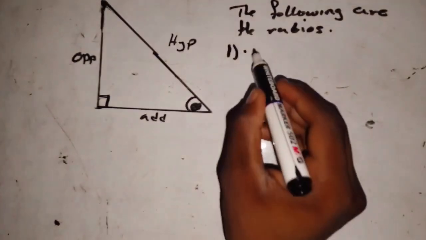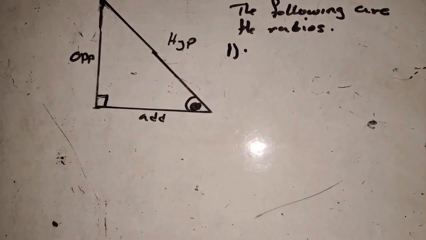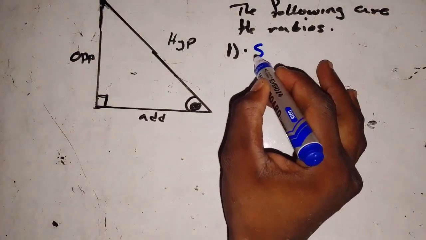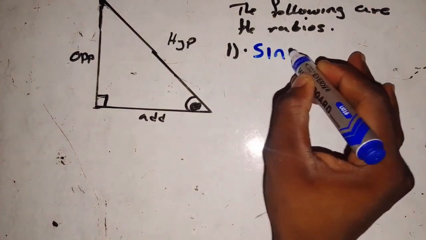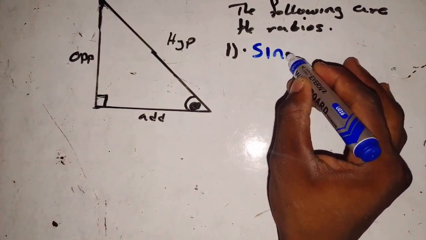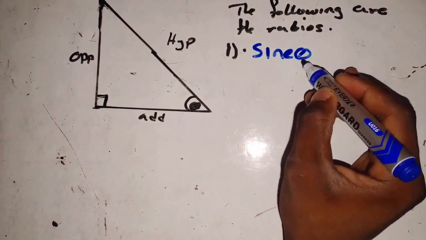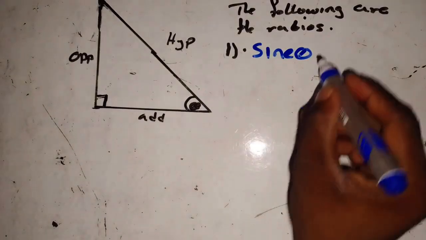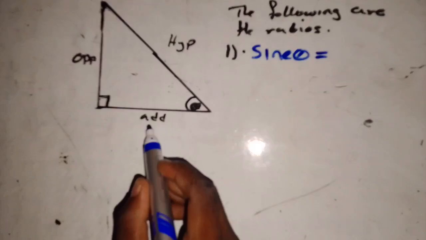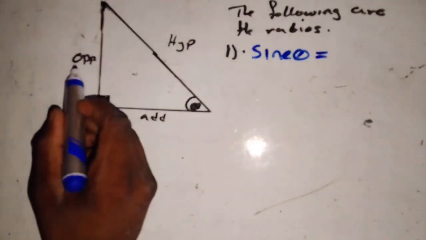Let me write this with a blue marker so that you will see clearly. Sine theta is equal to opposite over hypotenuse.